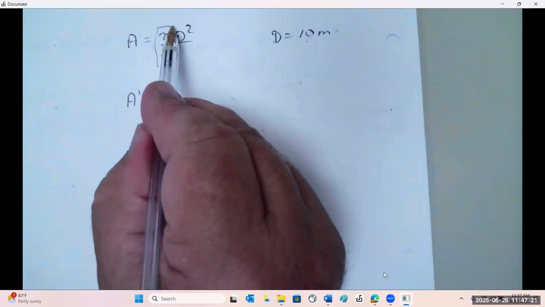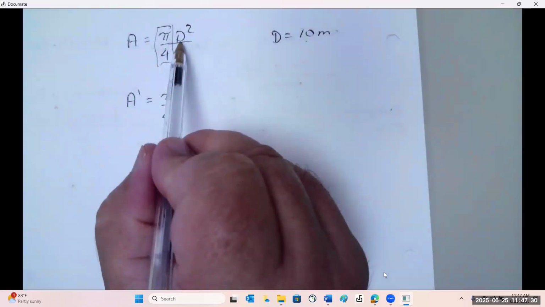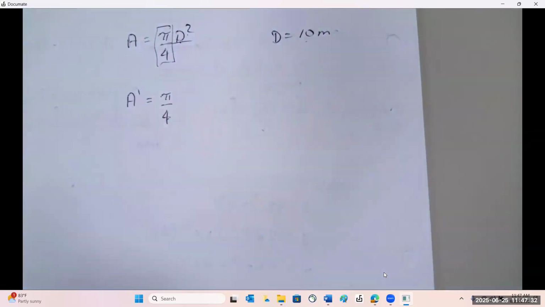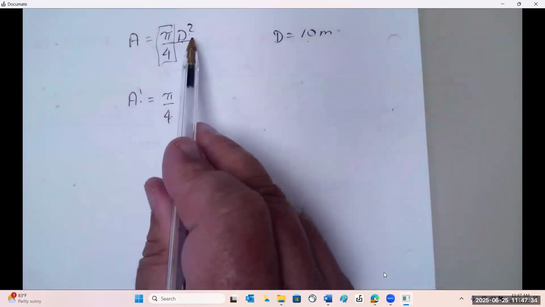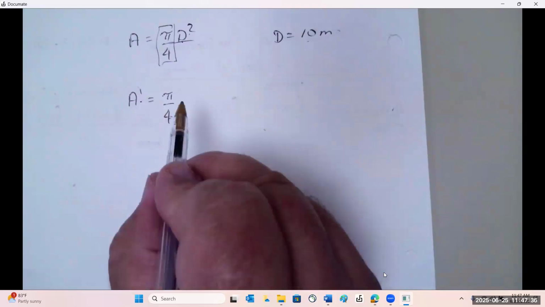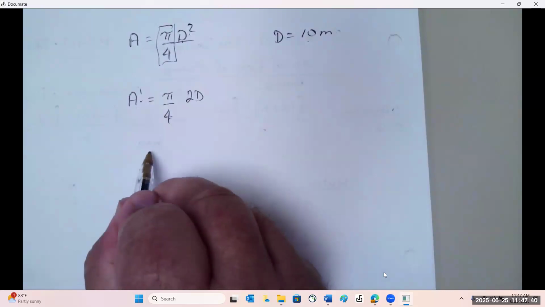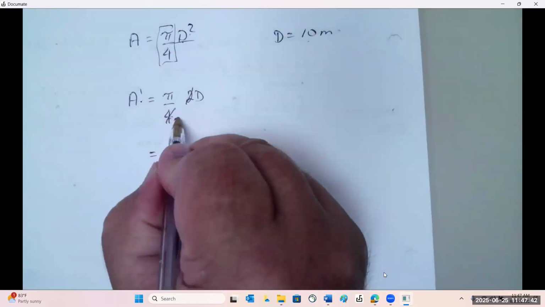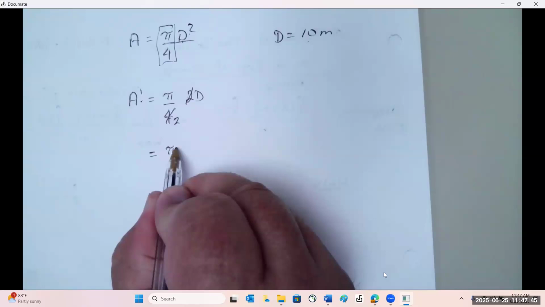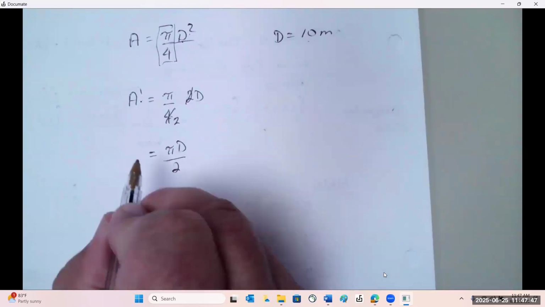Pi over 4 is the constant multiple. Pi is a constant, 4 is a constant, so nothing changes there. The only thing that changes is the diameter. So what's the derivative of d squared with respect to diameter? It's 2d. So the 2 and the 4 cancel, and it's pi d over 2.